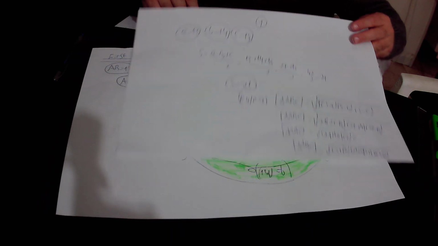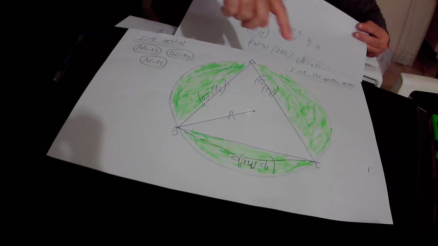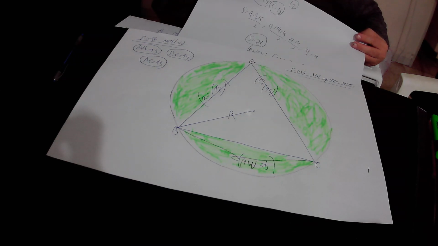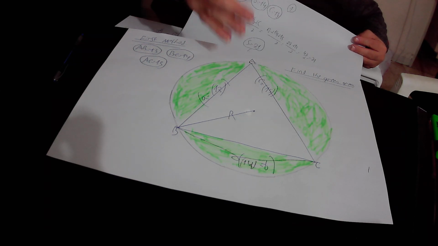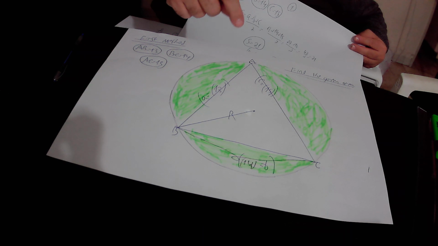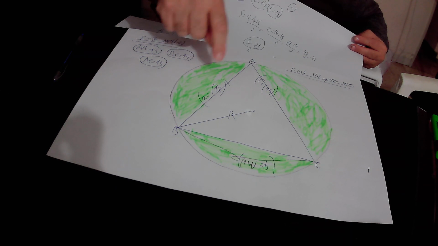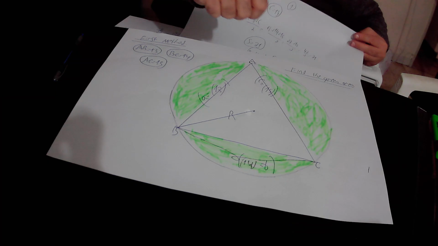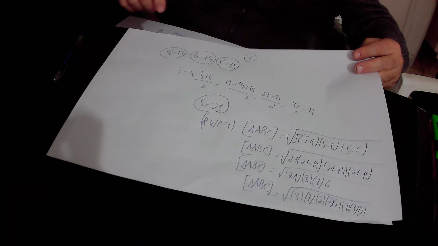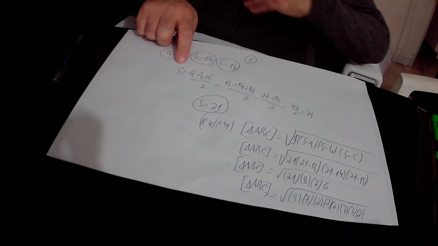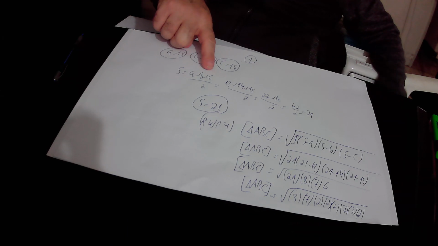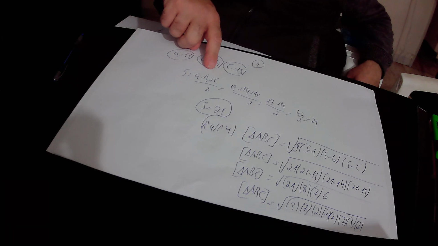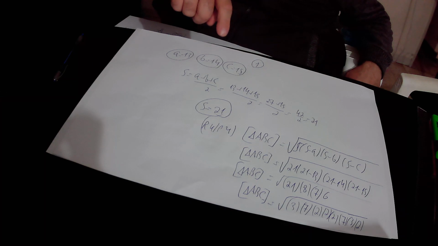In the next step, we calculated the semi-perimeter of this triangle ABC. According to rule number 4, the semi-perimeter S of our triangle ABC equals A plus B plus C over 2. A is 13, B is 14, and C is 15.